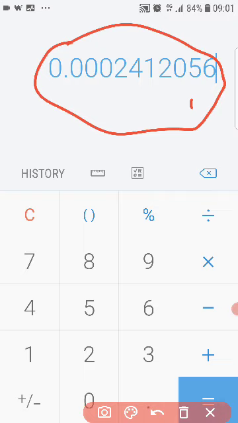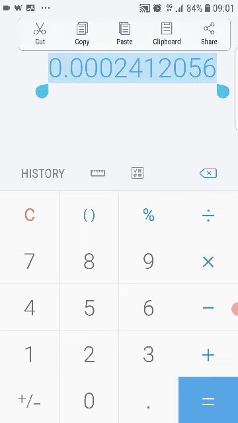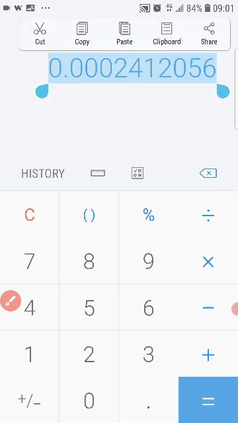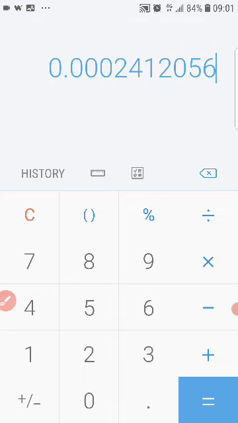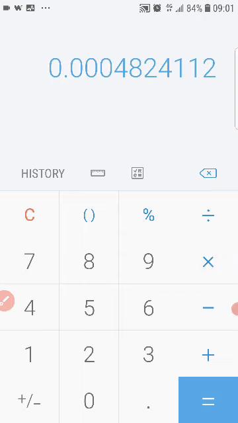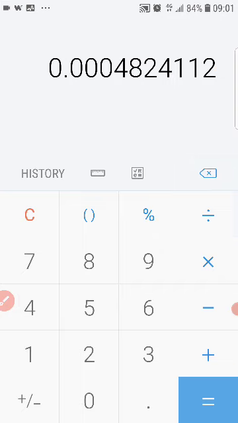So if you want to buy 1 Satoshi, this is the amount you are going to pay. Now if you are buying 2 Satoshi, you multiply this by 2. This is the amount you pay for 2 Satoshi. If you want to buy 10 Satoshi, you multiply it by 10.